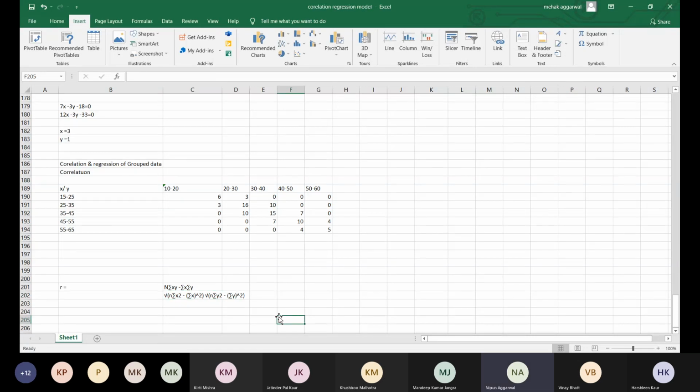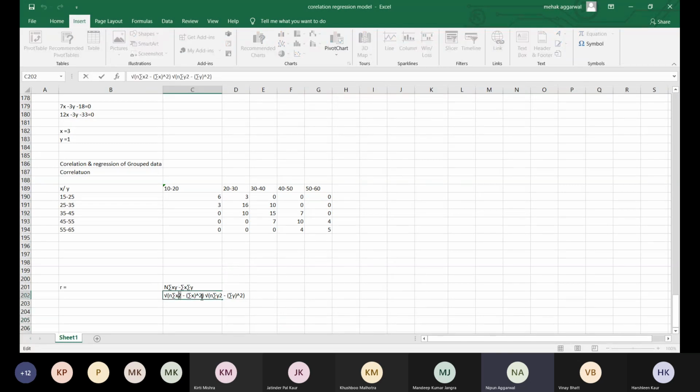So n sigma xy minus sigma x sigma y is the numerator, and in the denominator it is n sigma x square minus sigma x whole square under root, into n sigma y square minus sigma y whole square under the root.